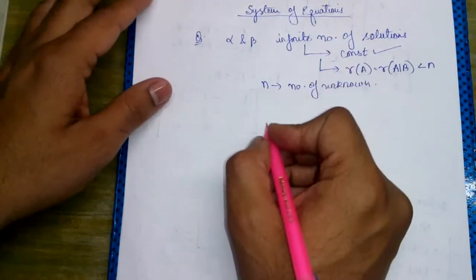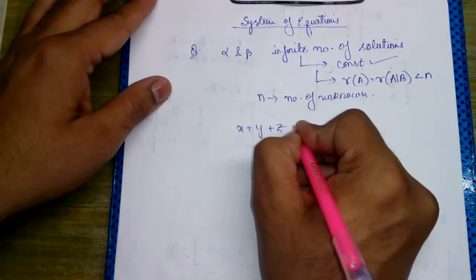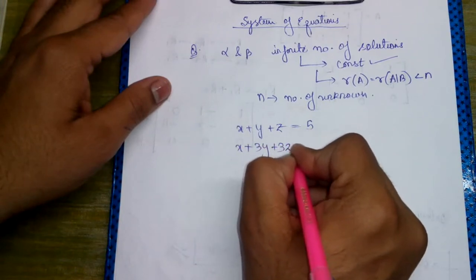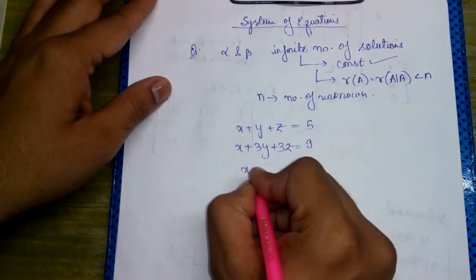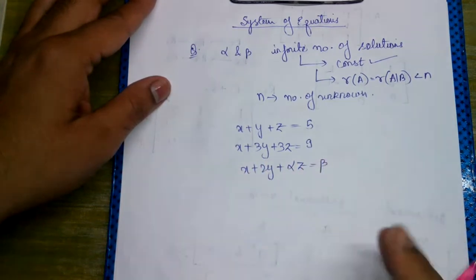The equations that have been given to us are x plus y plus z equals 5, x plus 3y plus 3z equals 9, x plus 2y plus alpha z equals beta.